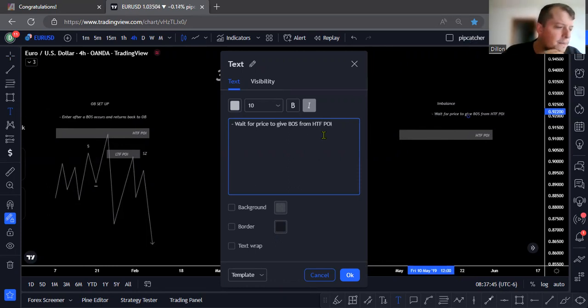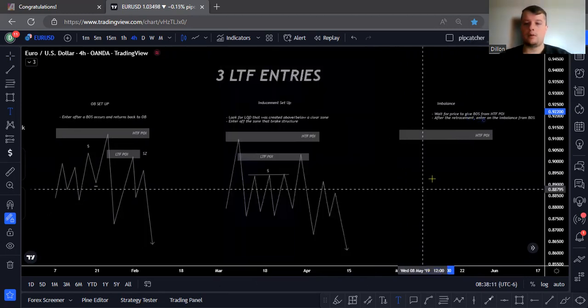Next step, after the retracement, enter on the imbalance from break of structure, right?